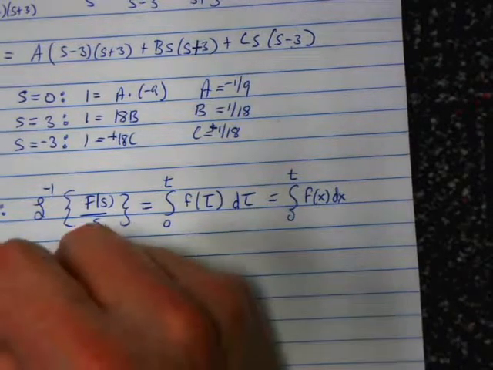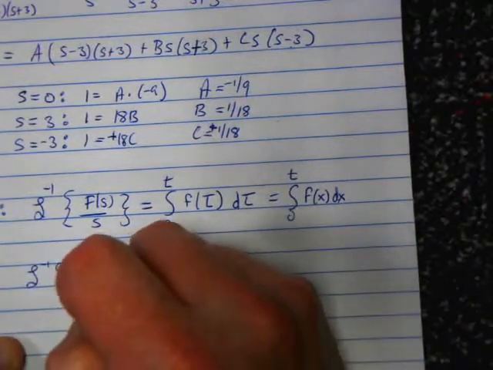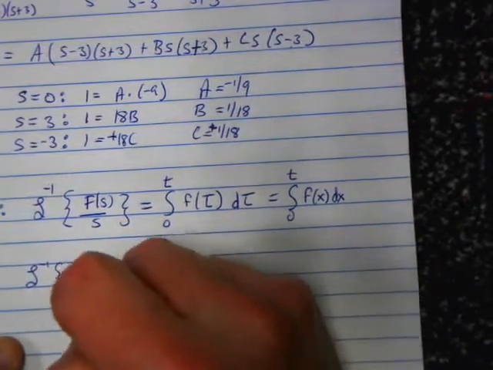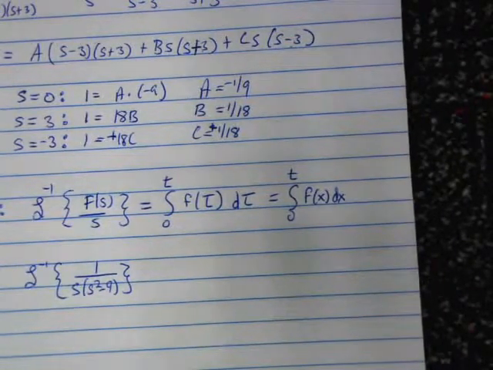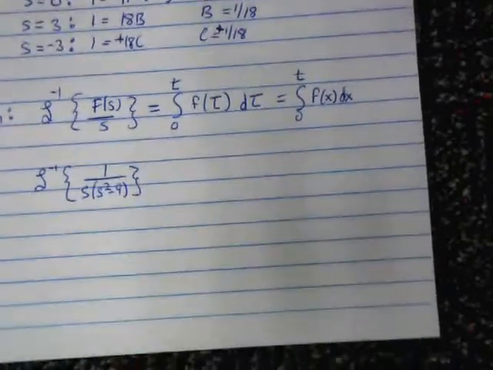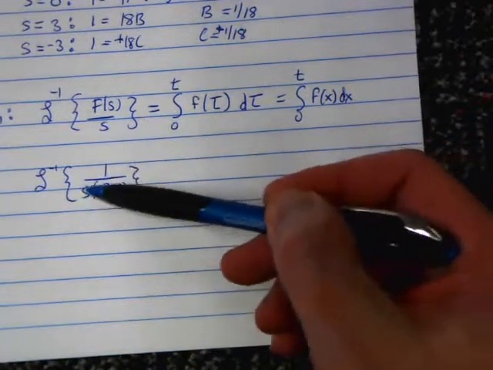So here's what this is saying. To the same problem that we did just a minute ago, if you have a factor of 1 over s, you have a choice.